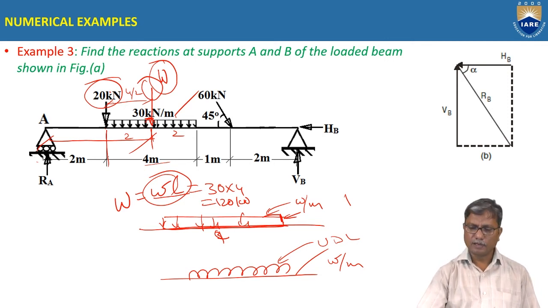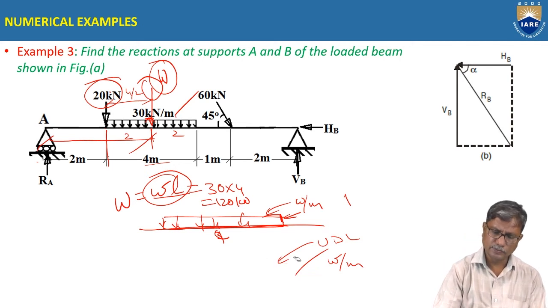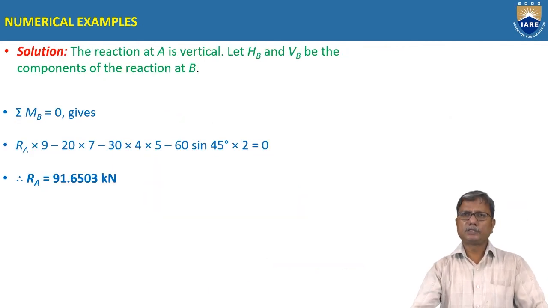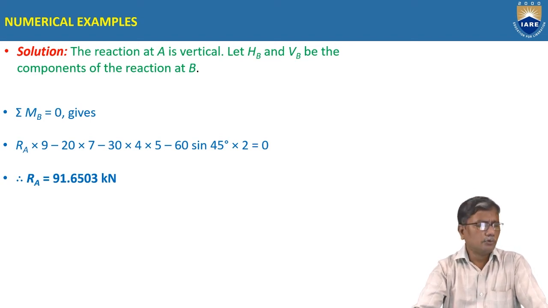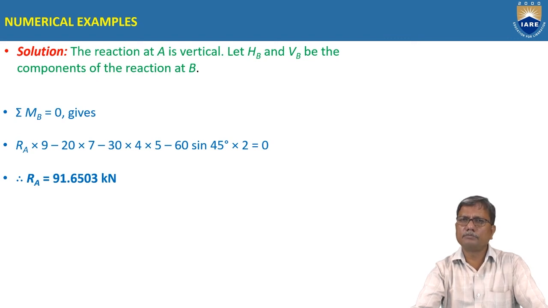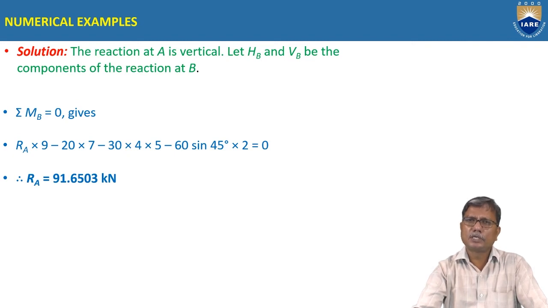Let us see. First, we'll apply the condition sigma MB equal to 0. We can apply either sigma MA equal to 0 or sigma MB equal to 0. Anything will be the same. So sigma MB equal to 0 gives RA into the distance 9 meters, that is the span, minus 20 into its distance.